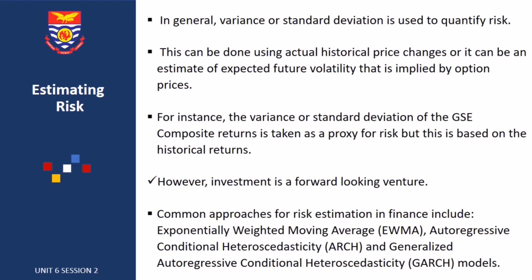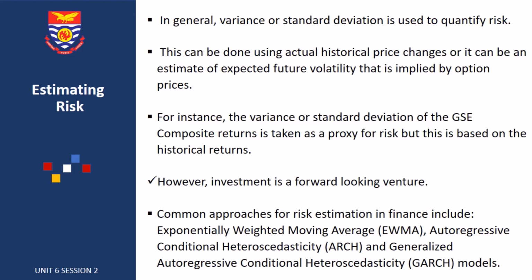Because if the standard deviation models or estimates risk for the past, then we should find a way to model risk for the future. So then we have to come up with some approaches.